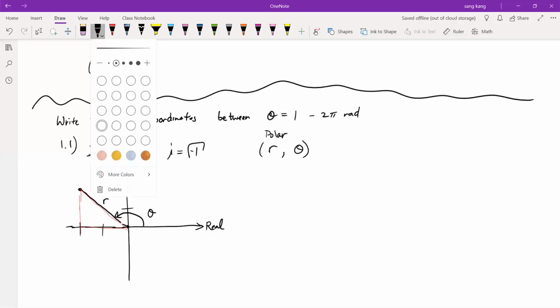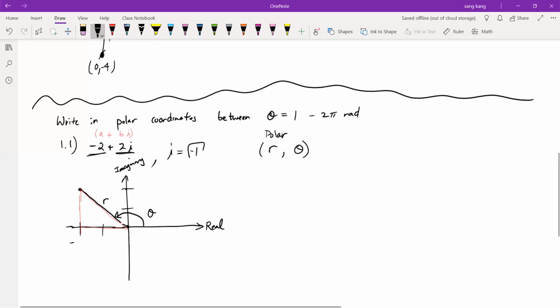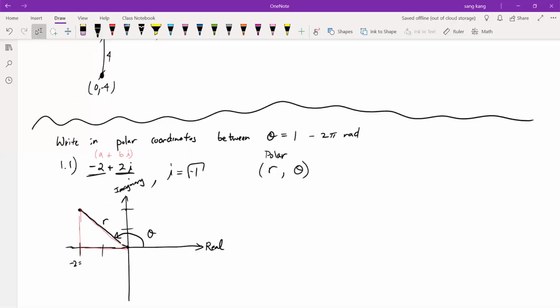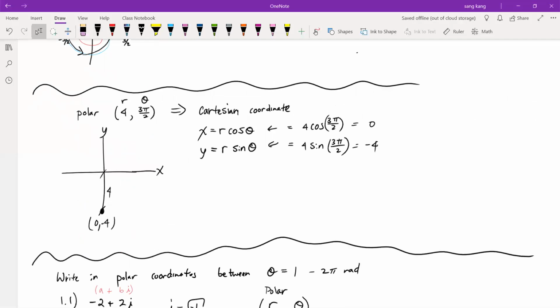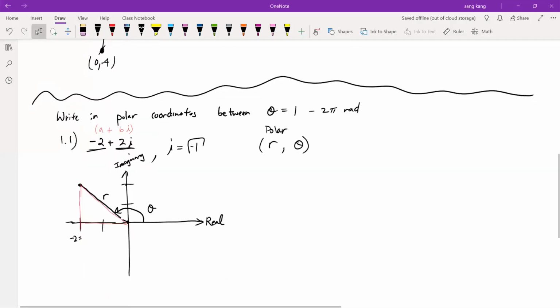So this point here, which is -2, remember, if we were to express this in Cartesian coordinates, it's r cos theta. And this point here, which is +2 on the imaginary axis, is r sin theta.